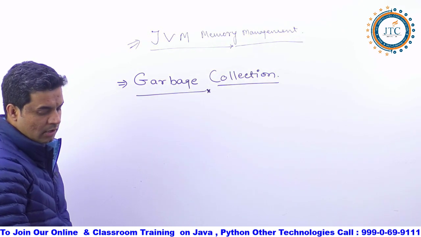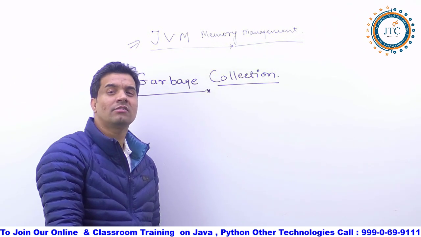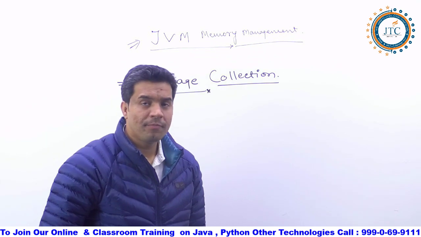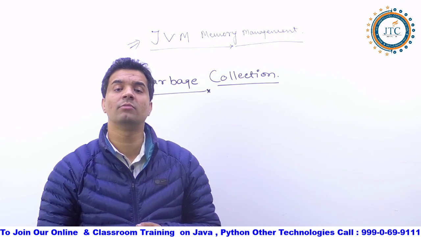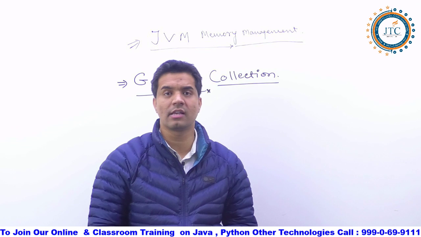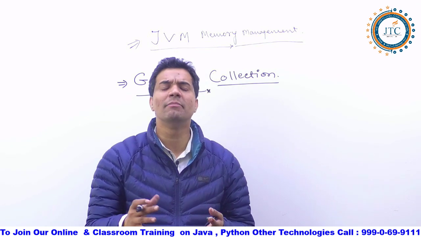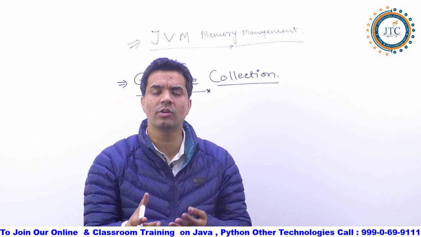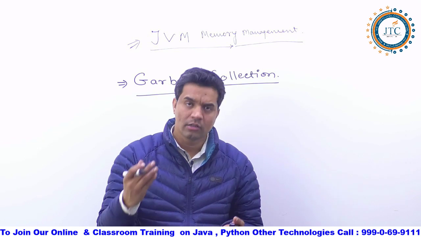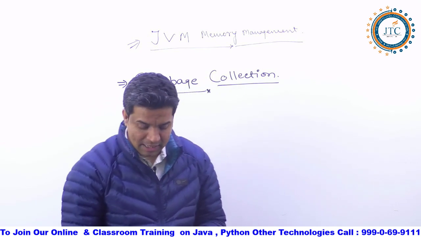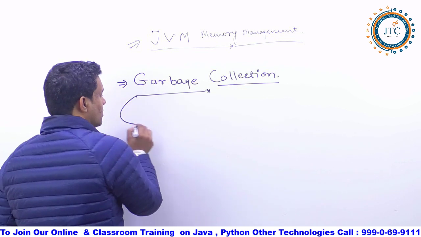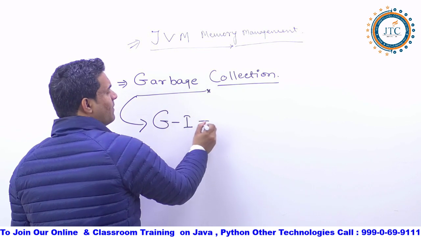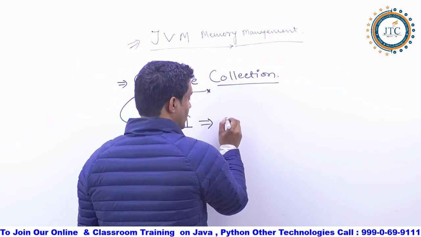Specifically in the case of Java, garbage collection is one of the most important features for cleaning unused memory of different objects. The updated version of garbage collection that came is called G1, in another form garbage first.